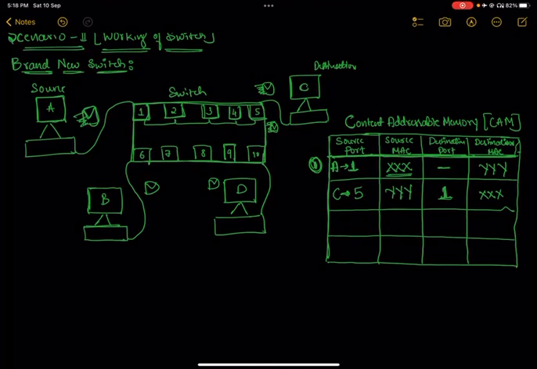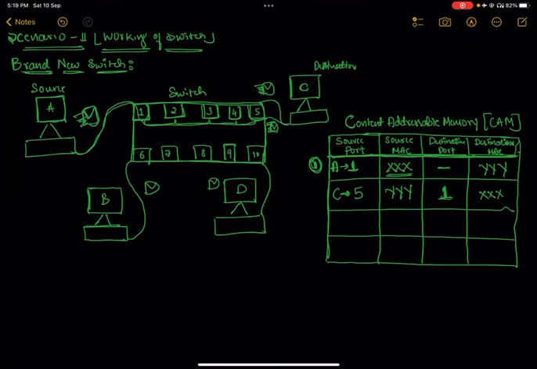Now what the switch does is write all this information in its table, and then it rightly knows to which port A is connected and to which port C is connected. Now it can initiate communication between A and C without any delays.